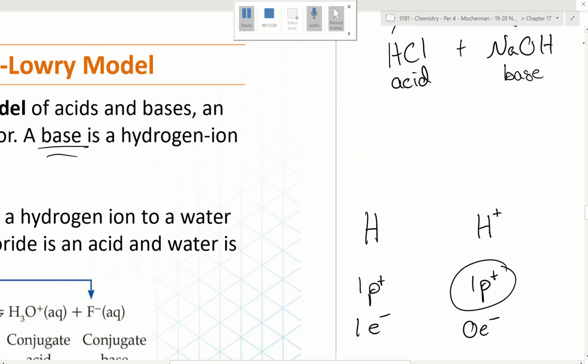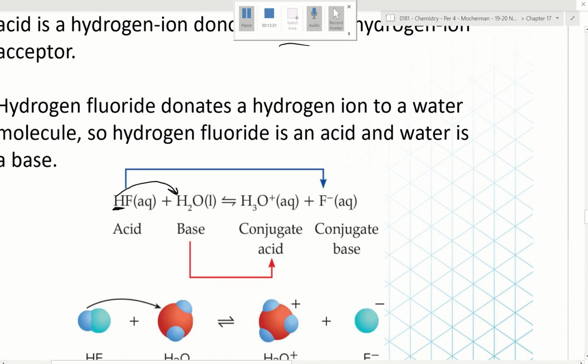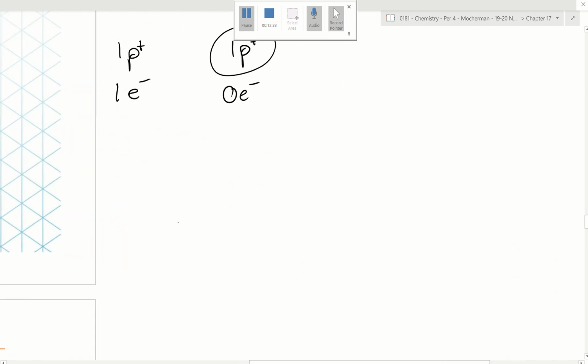So the Bronsted-Lowry definition is all about what happens in chemical reactions. However, the Bronsted-Lowry definition can take something like NH3 plus H2O, ammonia and water, and when they react you end up forming NH4 plus OH minus.